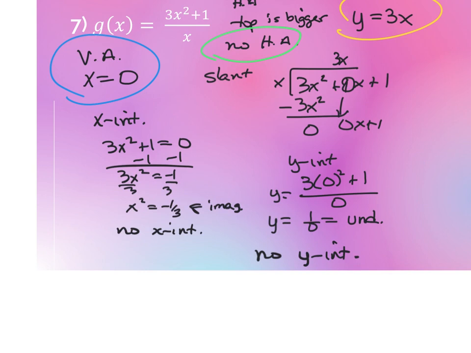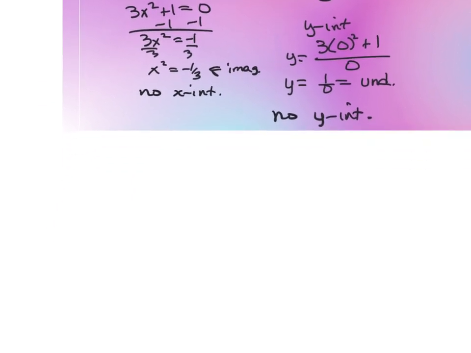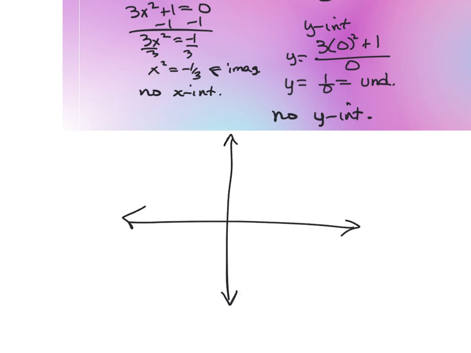So let's go ahead and put the two asymptotes on our graph, and then we'll plug in some points to see where the graph is located. So I've got my vertical asymptote. It's located at x equals 0. So I'm just going to highlight because it's just the y-axis.